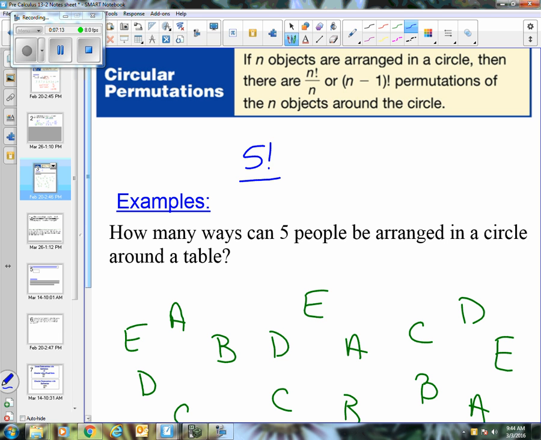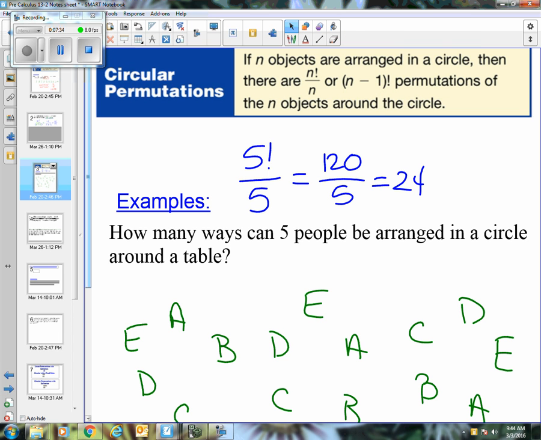What we'd have to do is divide by the 5 ways that we can just rotate them around that all look the same. So 5 people in a line is different than 5 people in a circle. 5 people in a line would be 120. We're only going to have 24 different ways that we're going to be able to do that. So arithmetic wise, there's much fewer.